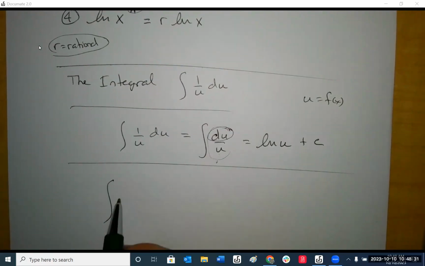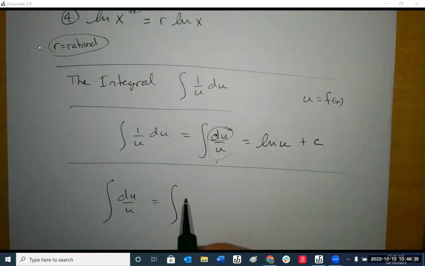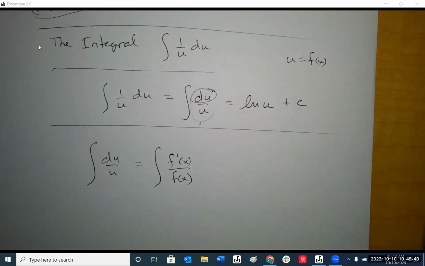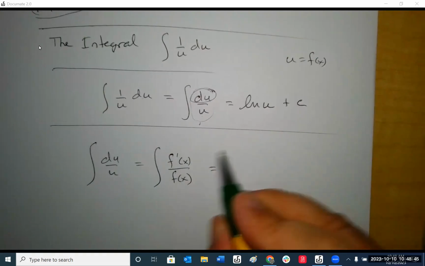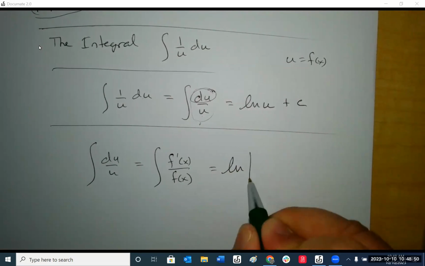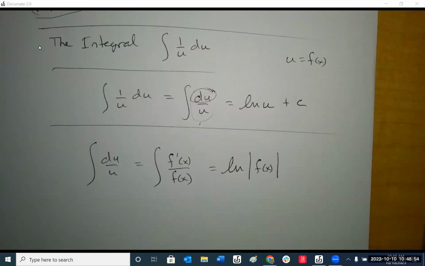So what du over u represents is the derivative over the function itself.